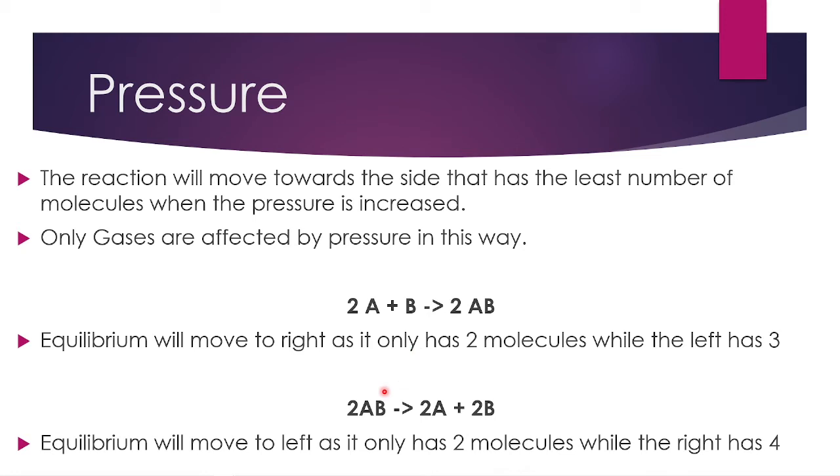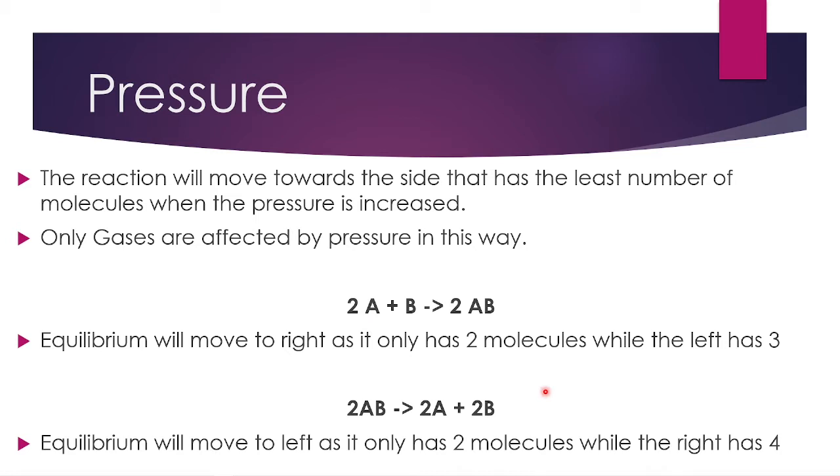If you have the opposite, so you flip it around and 2AB forms 2A plus 2B, then you've suddenly got 4 on this side and 2 on this side, so it will move to the left to try and counterbalance. And yes, I do realize that they're not exactly balanced equations. They're just there to give a little bit of an example of what I mean.